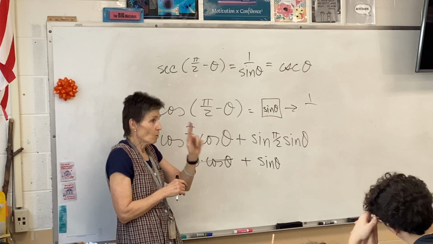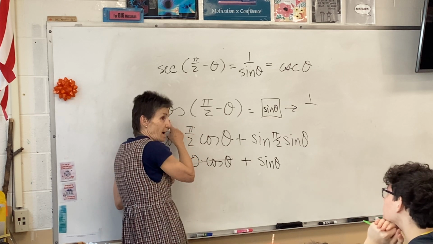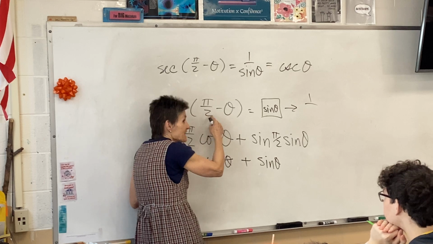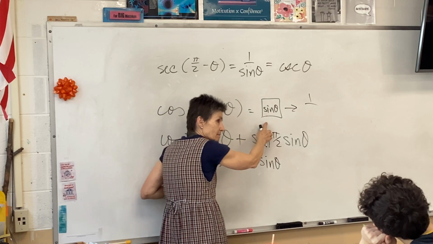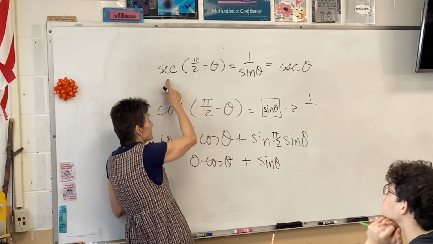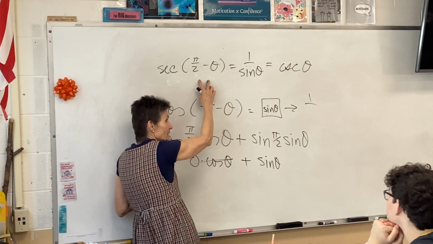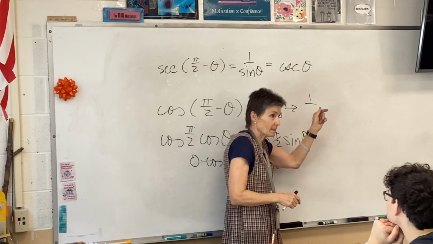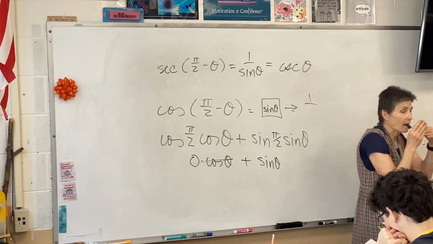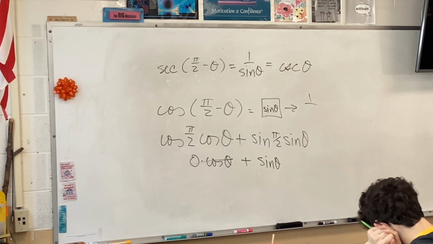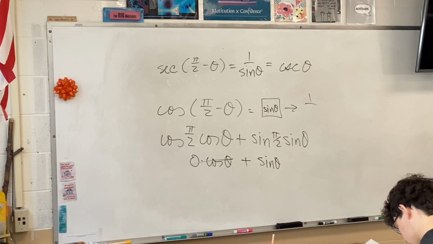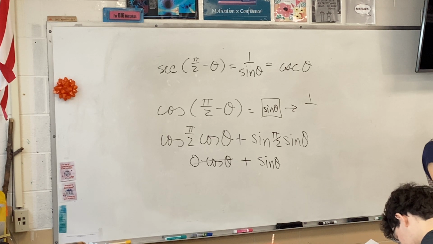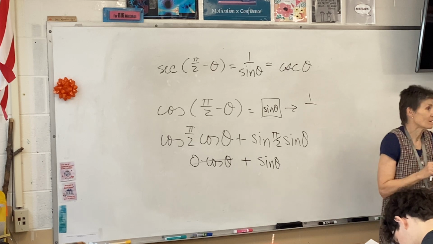Now, notice when I did the cosine of 90 minus theta, the cosine of the complement, I got the sine. And when I did the secant of the complement, I got the cosecant. Did you notice we have sine, cosine, secant, cosecant, tangent, cotangent? That CO stands for complementary. The sine and the cosine are complementary functions.